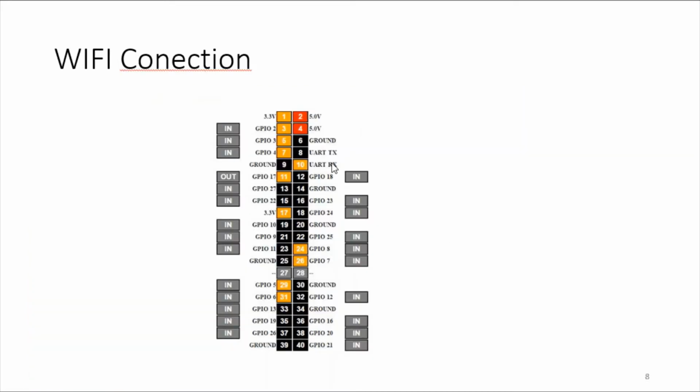This page is connecting to the internet. You go to the IP address of your Raspberry Pi, and from this page you can control the air condition, the electric devices, and the lighting.